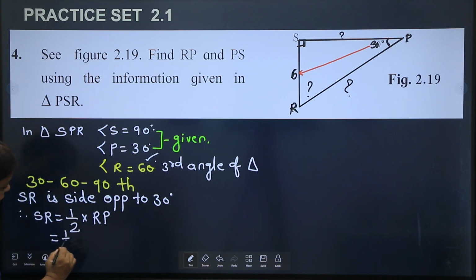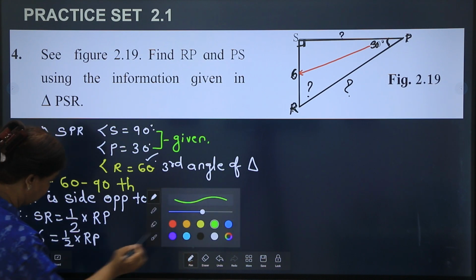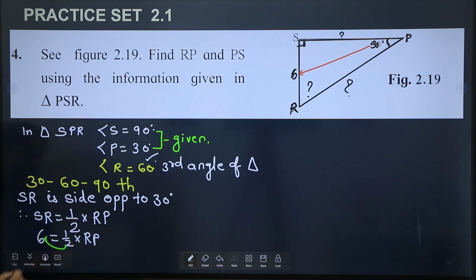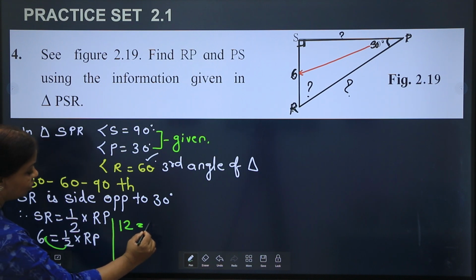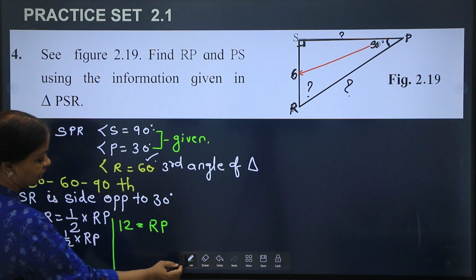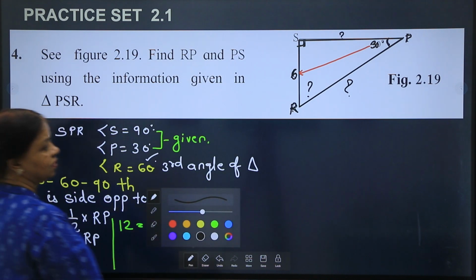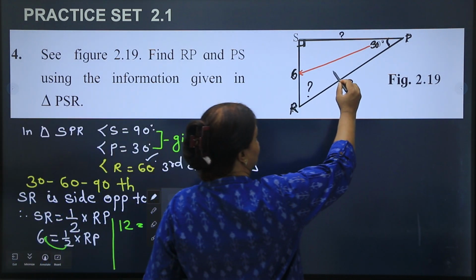So half into RP, and SR is given as 6. Now what will happen, children? The 2 will go with 6 and it will become 12 equal to RP. So we got RP as 12.